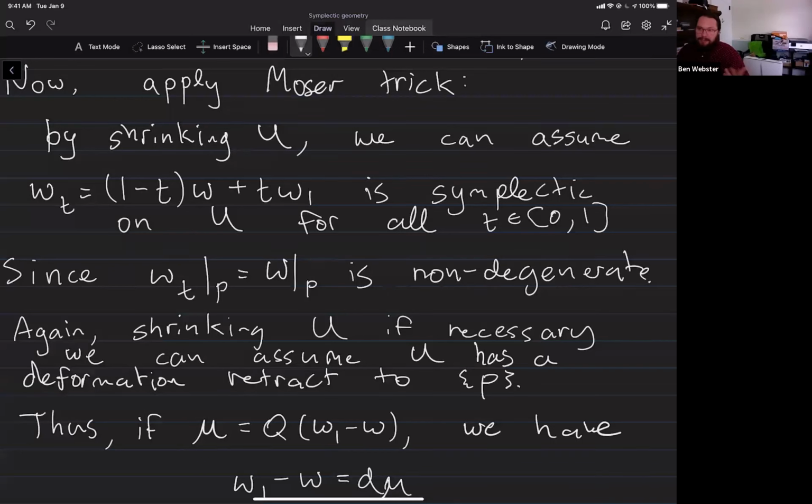They're obviously closed, because being closed is preserved by taking linear combinations. So I can assume that all of these linear combinations are symplectic on U. If I chose my U too big before, I will end up with points where there are degeneracies, but they'll only happen on a closed subset, so I can just throw them out. I can keep shrinking my U until I avoid all of those problems.